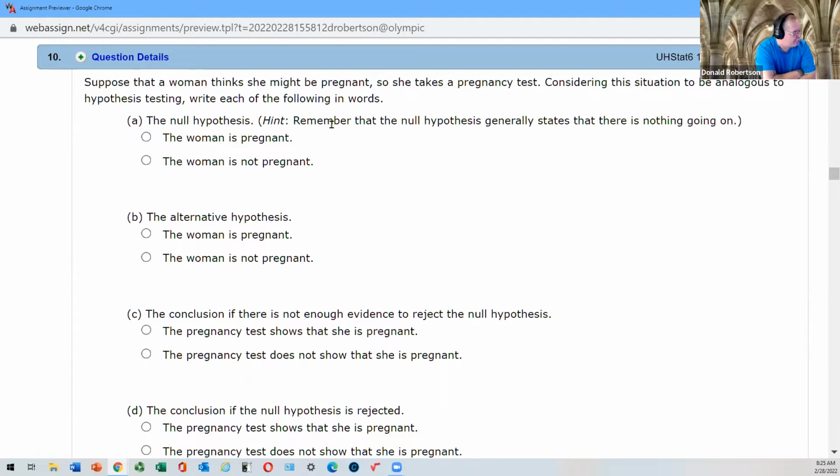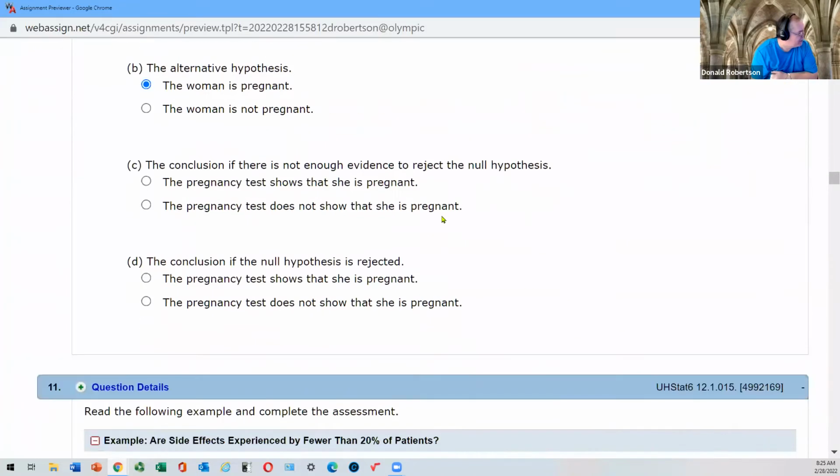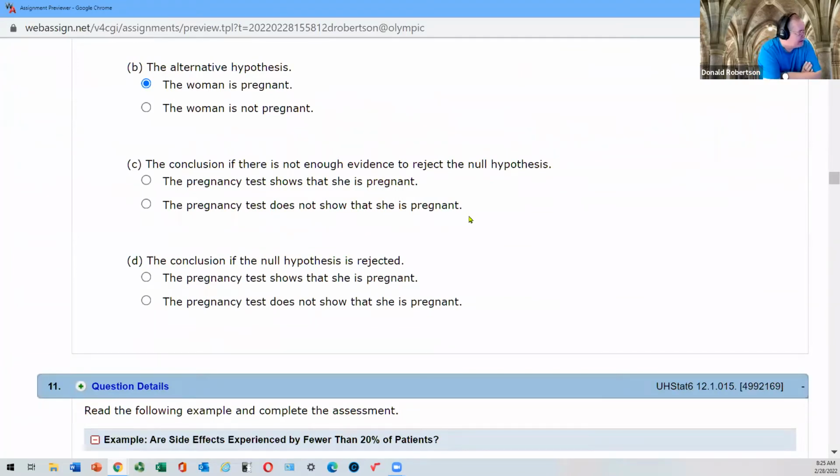So which of those two would be the English phrase for what the null hypothesis would look like? Not pregnant. Right, nothing going on here, she's not pregnant. The alternate then, would you agree, is woman is pregnant. The conclusion, if there is enough evidence to reject the null hypothesis.